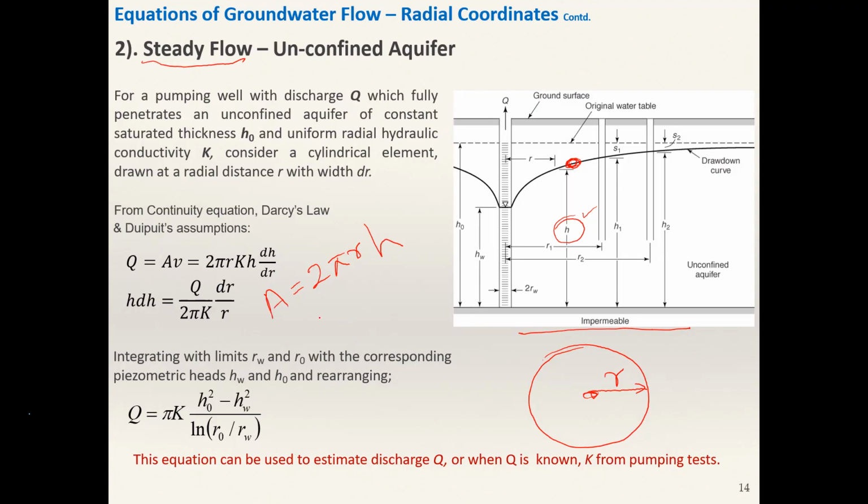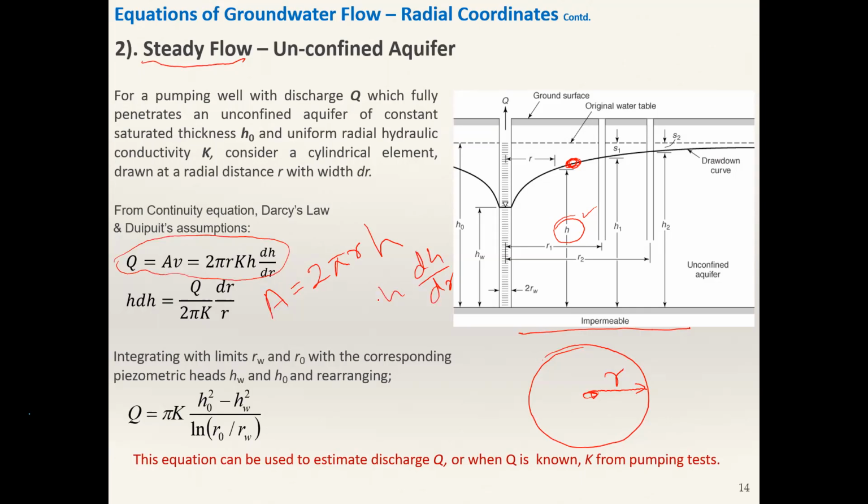Area then multiplied by the Darcy velocity, V, it will give you the flow rate. Again, a simple equation. The only difference there is that now instead of B, we have H. That is the difference. So that H and dH over dr, both are variables here.